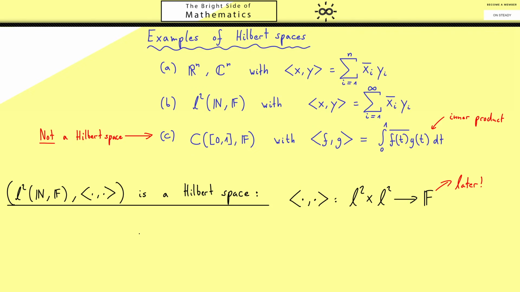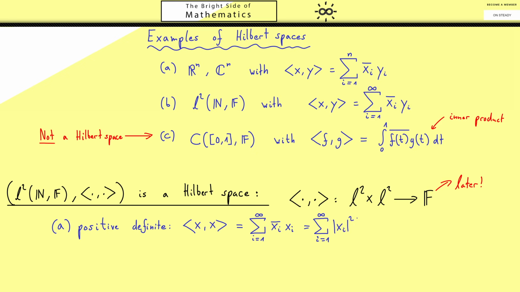Here we focus on the three properties of an inner product. And the first part is showing that it is positive definite. Which means when putting in the same vector x, we want to get out a non-negative number. Which is easy to see because we have xi times xi, and the first one is the complex conjugate in the complex case. So in other words, it's the absolute value squared, which is clearly non-negative.